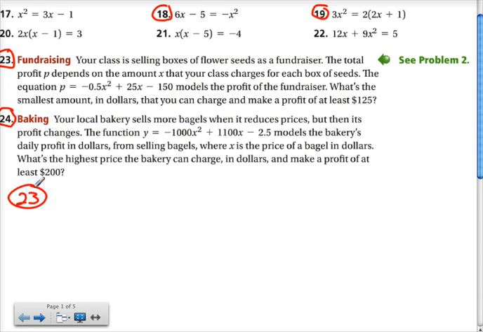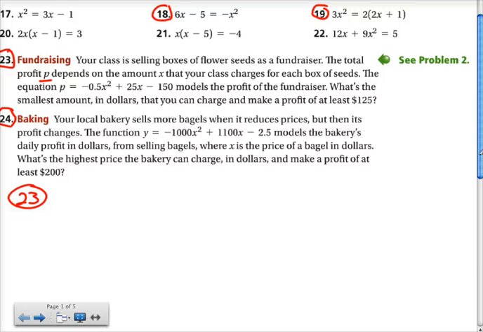So 23, your class is selling boxes of flower seeds as a fundraiser. The total profit, P, depends on the amount X that your class charges for each box of seeds. There's our little equation. P equals negative 0.5x squared plus 25x minus 150, and that models the profit of the fundraiser.